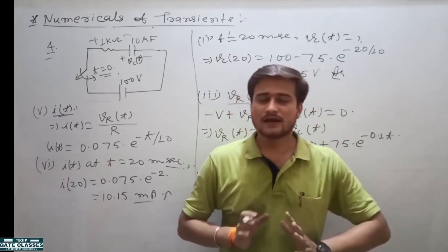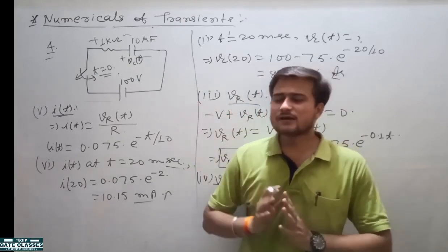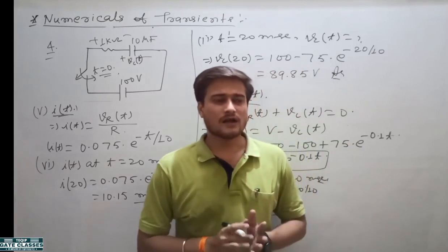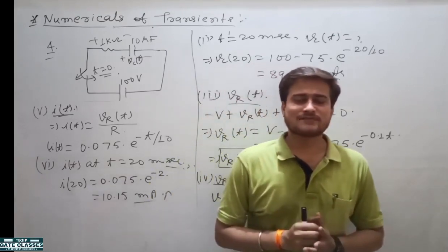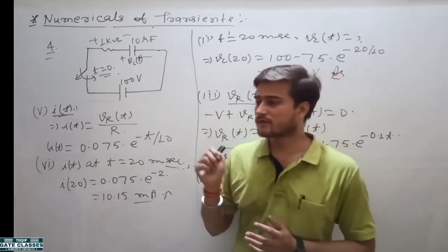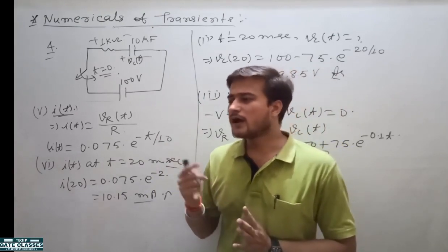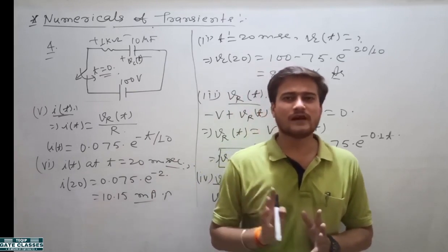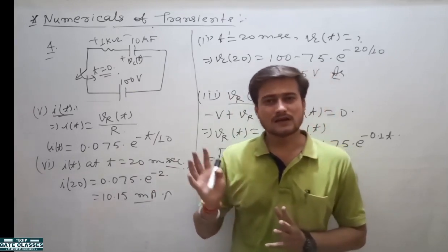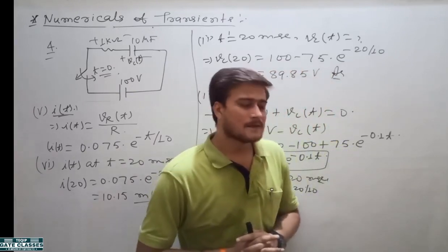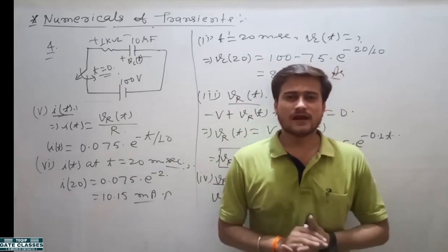Clear? So this transient part is a very interesting part, and every time you can expect 2 marks of questions from this topic in the GATE examination. When you attempt the questions, you will definitely get the correct answer. Clear? So we'll discuss the next topic in the next class.